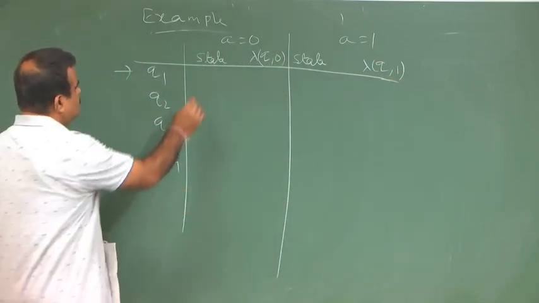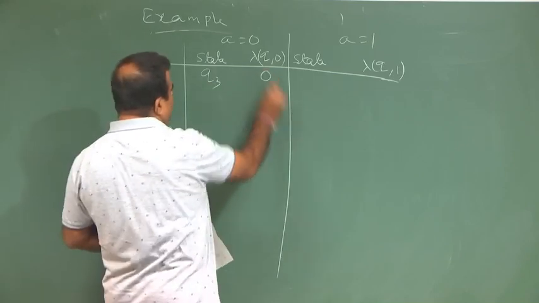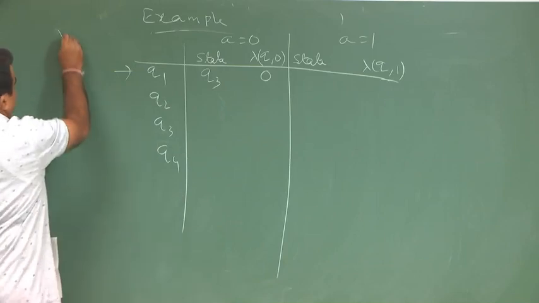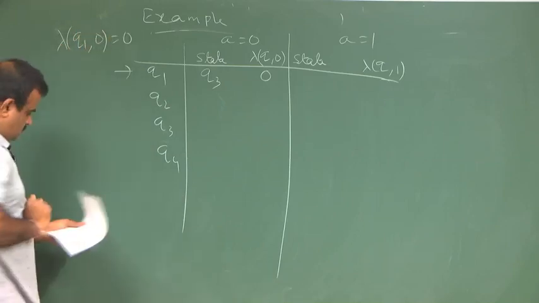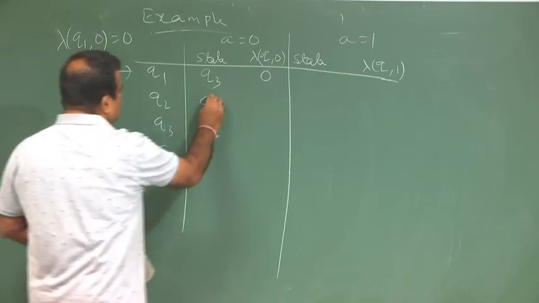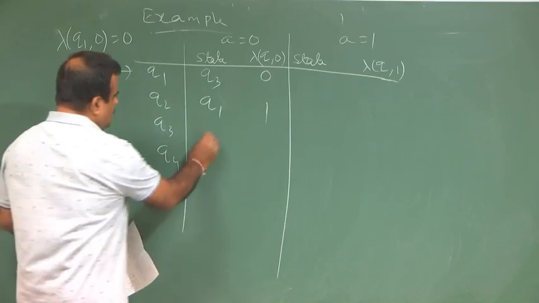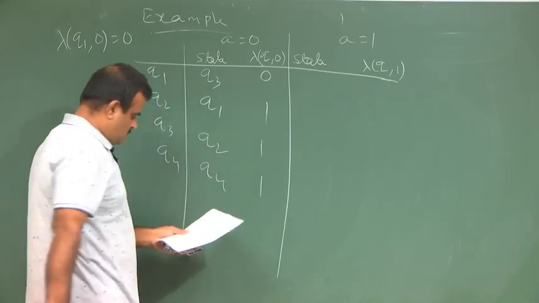Suppose it is going to Q3, and the corresponding output will be lambda of Q1, 0, say 0. So, this is Q1 and it is going 1, Q2 it is going 1, Q4 it is going 1.